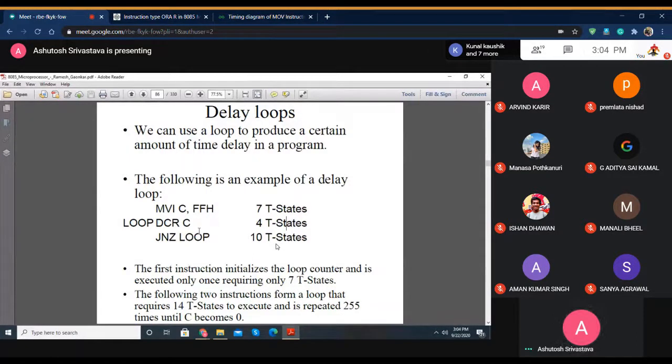So once the value becomes equal to 0, it will come out of this loop, with the value in the register C.